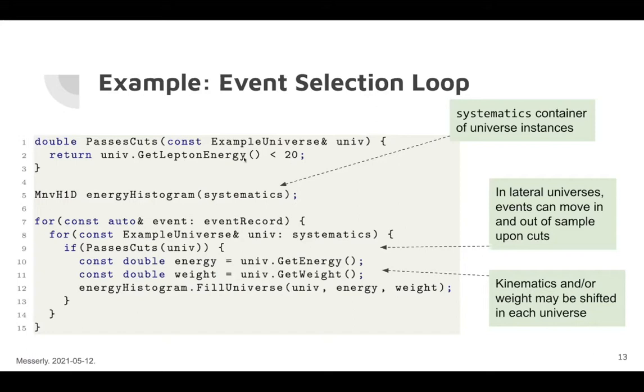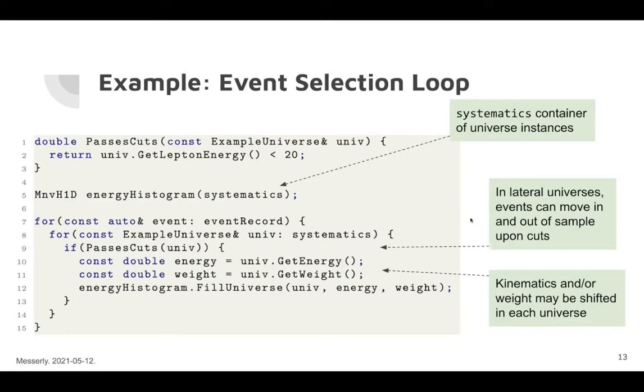So in this case, if we cut on lepton energy, then events that are shifted by plus 50 MeV may or may not now pass the cuts, depending on their universe. So a CV universe, CV event might pass, whereas a systematically shifted event might not pass.